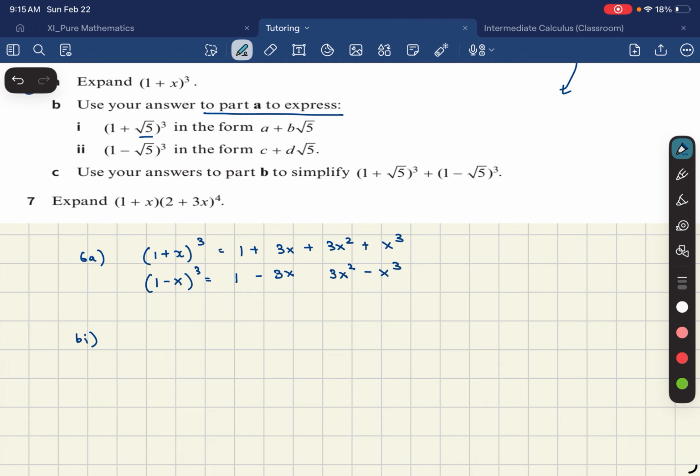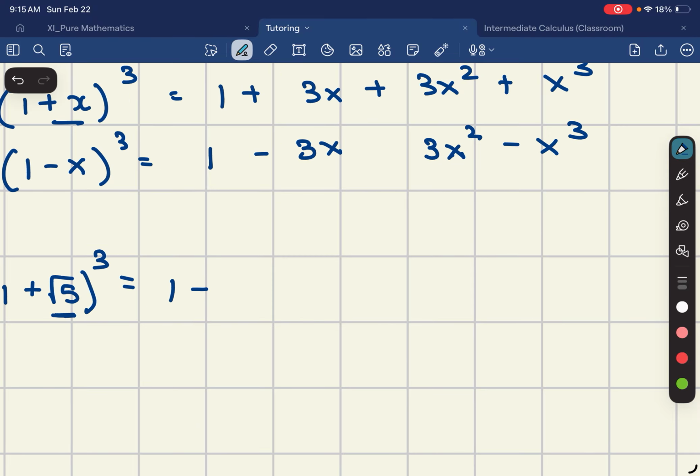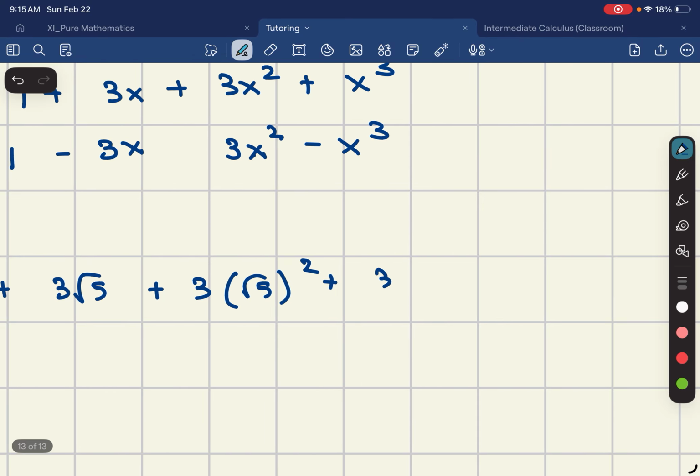part B1 tells me I need to express 1 plus root 5 to the power cube. Now, do I need to expand this again? Absolutely not, because it's the same thing. Rather, I have root 5, so x is root 5. If I substitute x is root 5 here, I get 1 plus 3 root 5 plus 3 root 5 squared plus root 5 cubed.